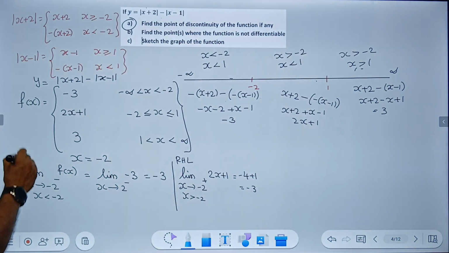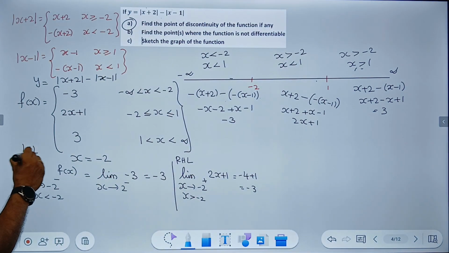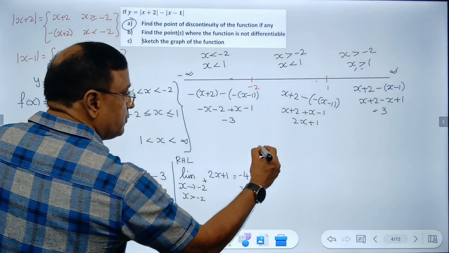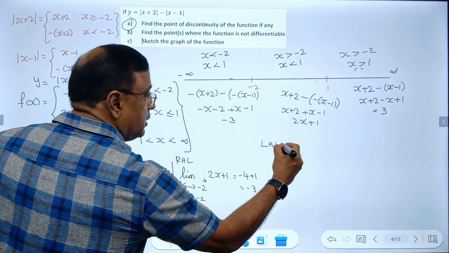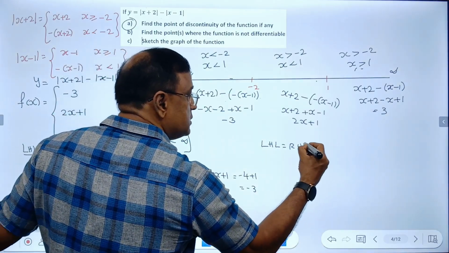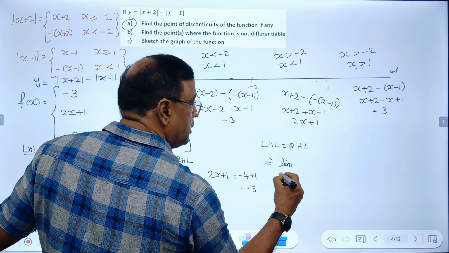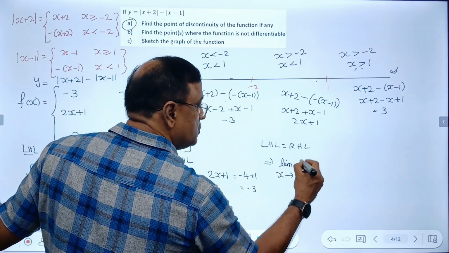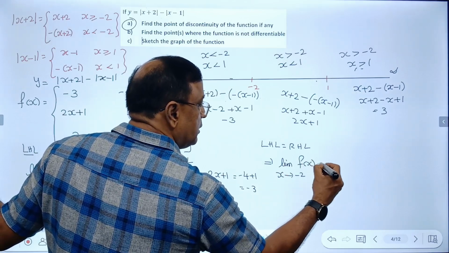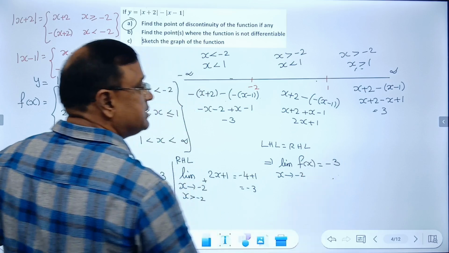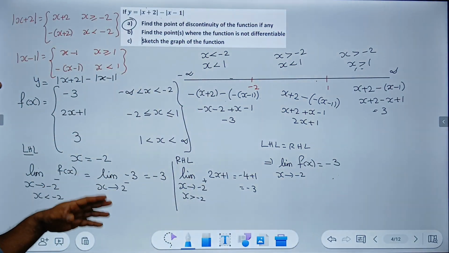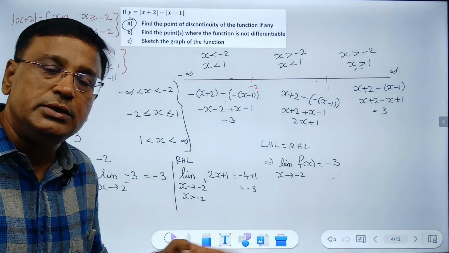So what do you say about LHL and RHL? They are equal. So LHL equal to RHL. If LHL is equal to RHL, what do you know? Limit x approaches to minus 2, f of x equal to minus 3. Limit exists. If limit exists, can I say the function is continuous?